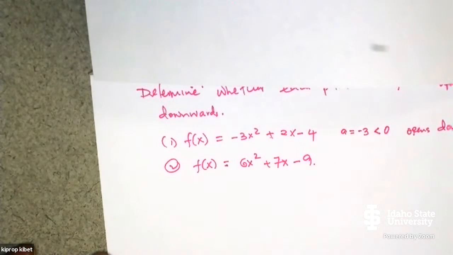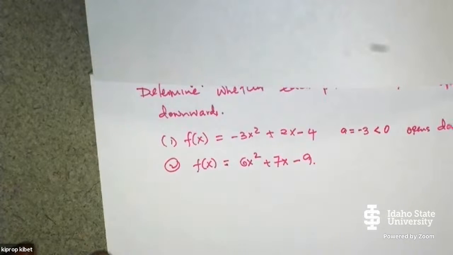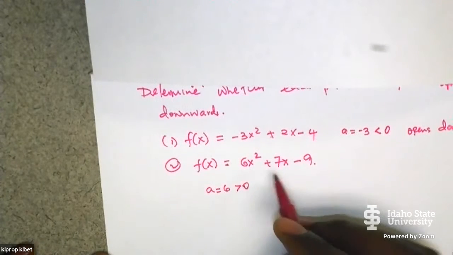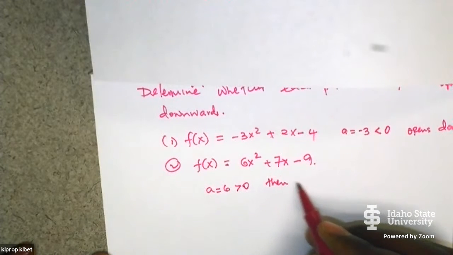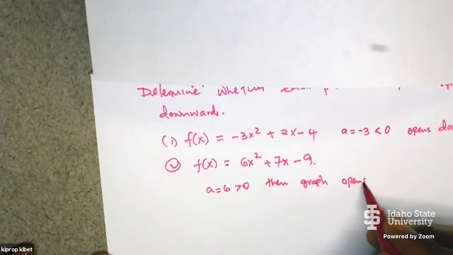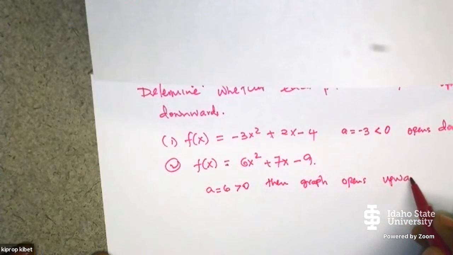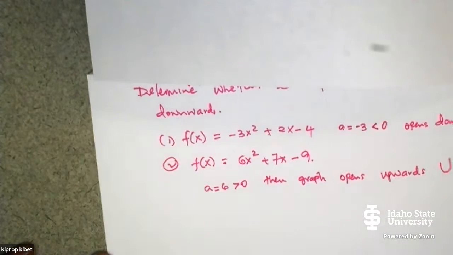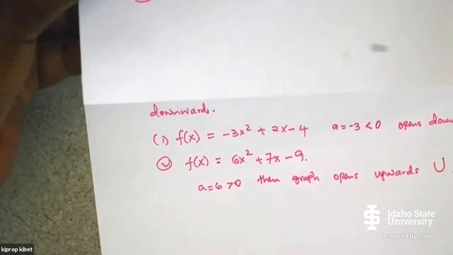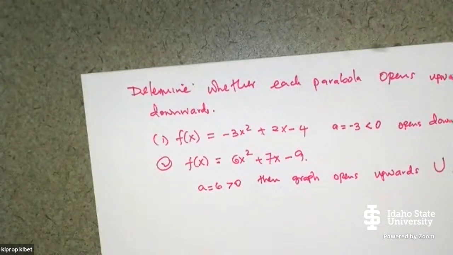Now, in this case, since a is equal to 6 and this is greater than 0, then the graph opens upwards. So it is of that form. That clear? So that is the first step.